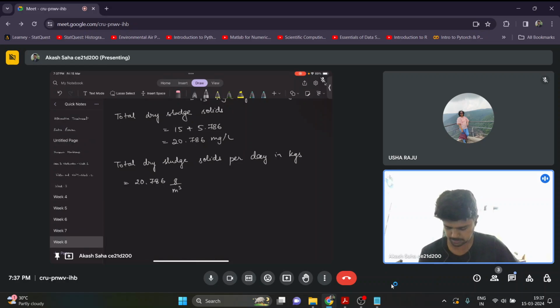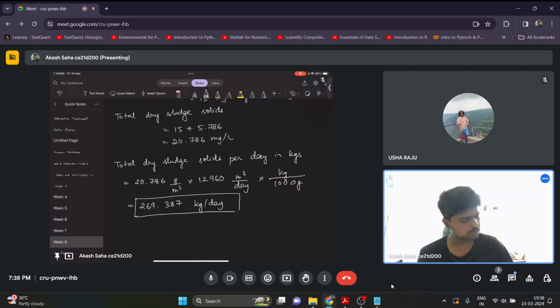The units are same, into my 12,960 meter cube per day, into now kg to grams, it will be kg by 1000 grams. So this is all about it. So we'll get 269.387 kg per day. So this is my total dry solids per day.